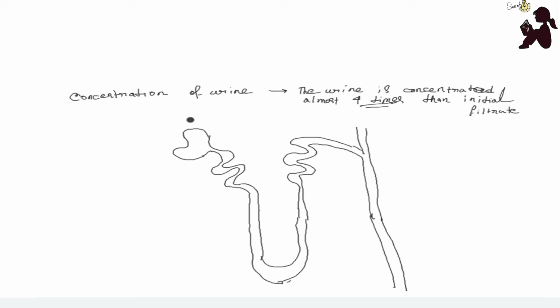Now if you remember, I told you about vasa recta in the previous videos. Okay, if you haven't understood, then go back and see what is vasa recta. This is your vasa recta. Now what happens?